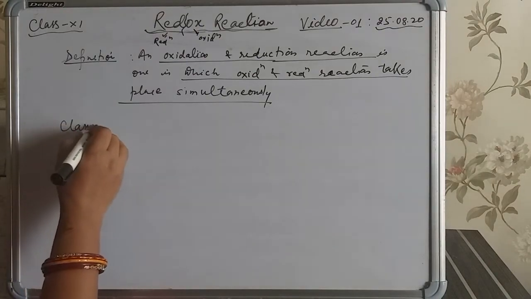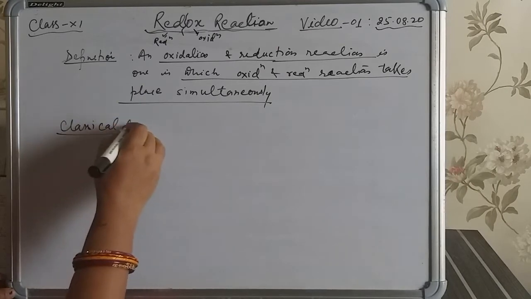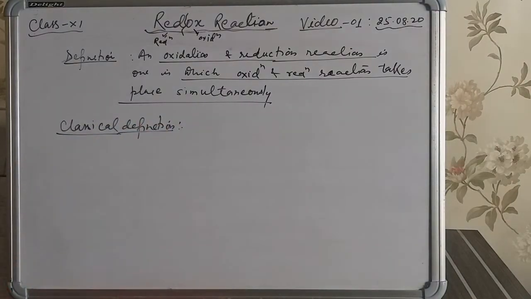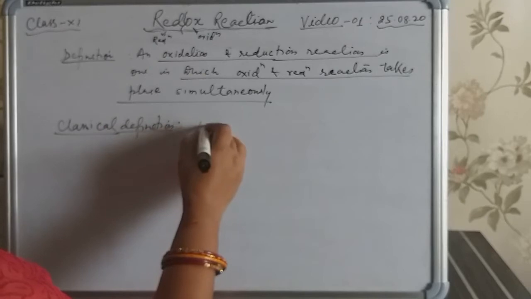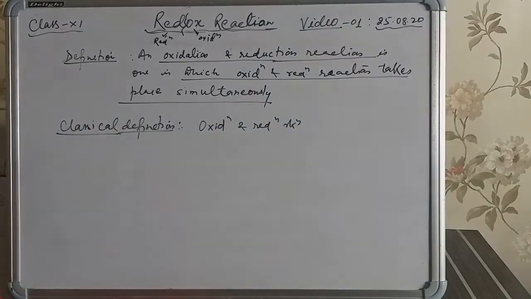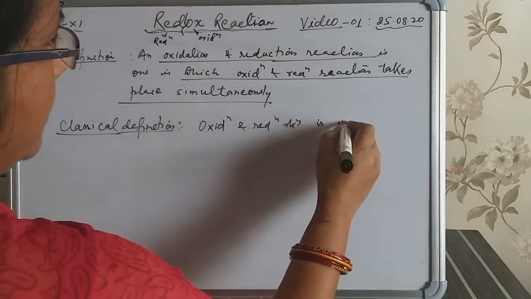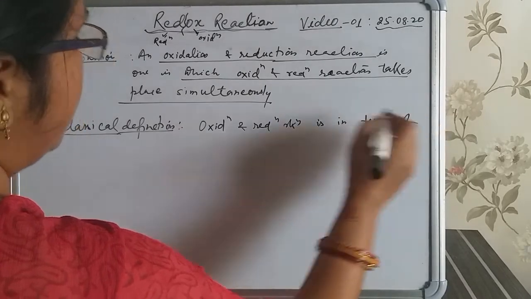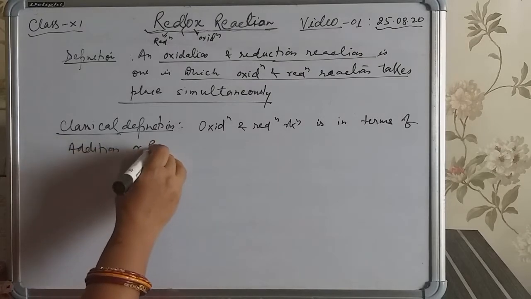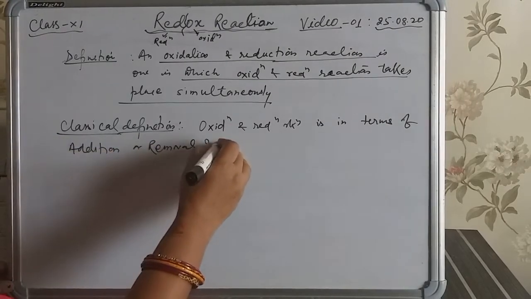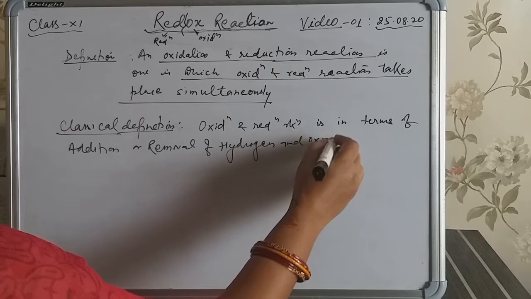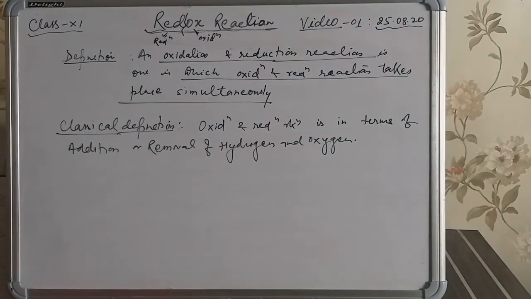So classical definition: according to this definition, oxidation and reduction reaction is in terms of addition or removal of hydrogen and oxygen. This was a classical definition.